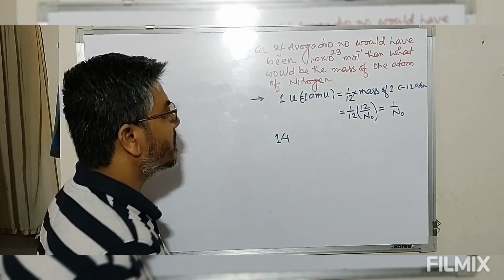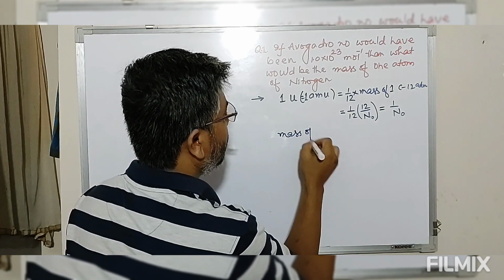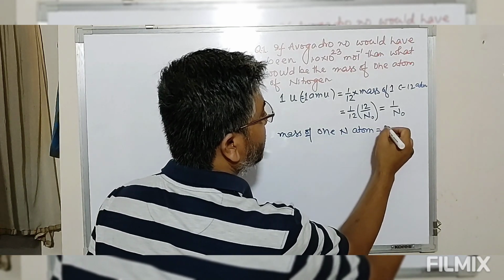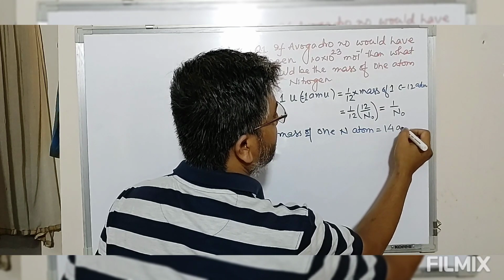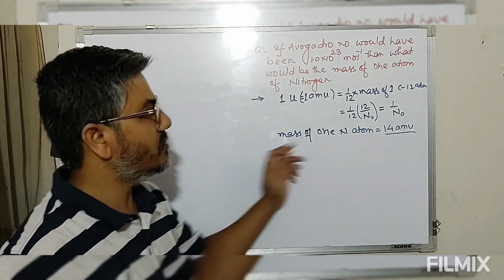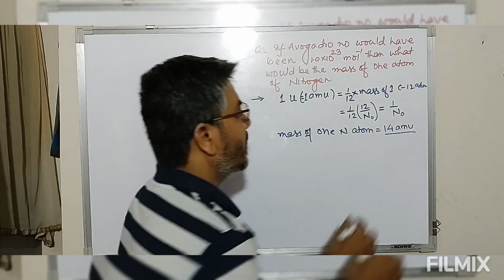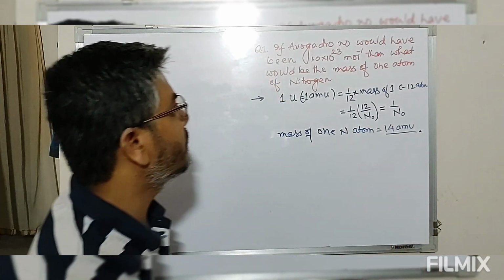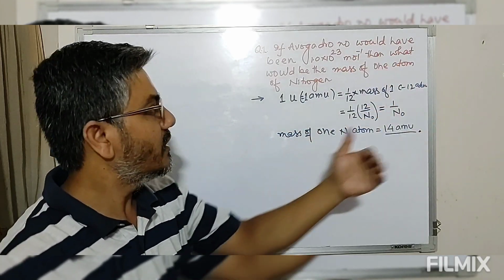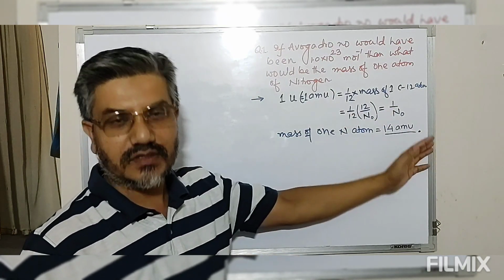So mass of one nitrogen atom will still be 14 u, because 1 amu is always 1 by Avogadro number. So this will remain unchanged. Whether we change the Avogadro number from 6.02 into 10 to the power 23 to some other value, the relative atomic mass will not change.